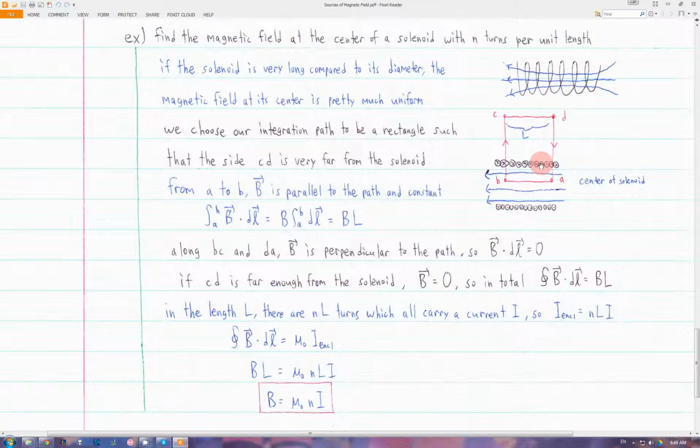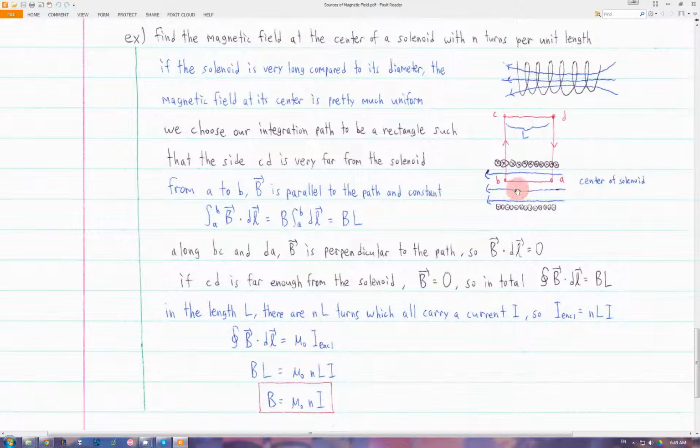All these turns carry the same current, I. So the total enclosed current in this loop is the number of turns, n times L, multiplied by I. We replace this expression for the enclosed current, set that equal to B times L, and we can solve for B.